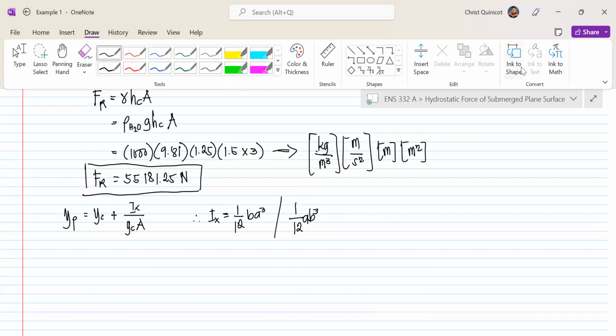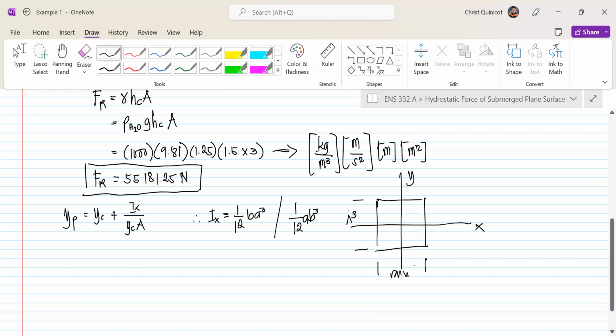What we need to remember is that if we have our plate, and if we draw our coordinate system here, y, and this is our x, this part here will always be what is being raised to the cube. Meaning this portion is what is being raised to the third power, and this one is raised to the power of 1.